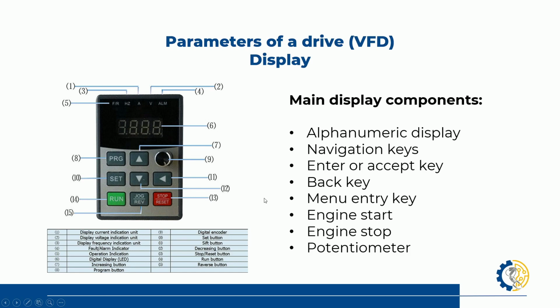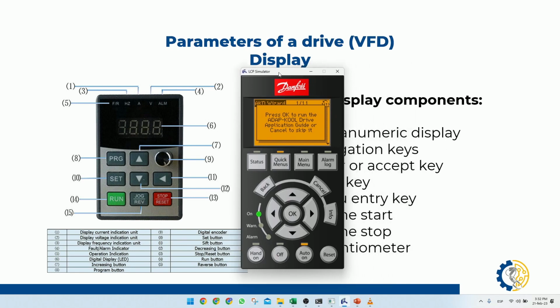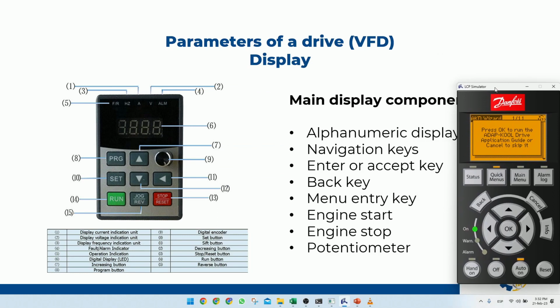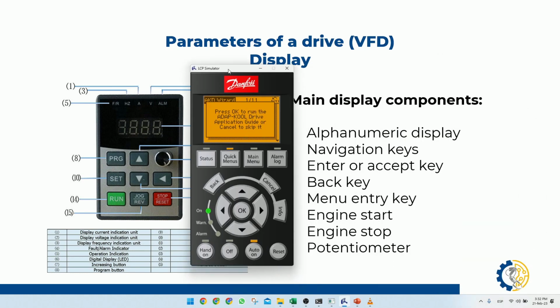Now, what are the main components on the screen? Why are they main components? I'm talking about not only Danfoss, but Yaskawa, Hitachi, all the Rockwell Automation PowerFlex, Siemens, any brand. All drives are going to have their screen or their display.